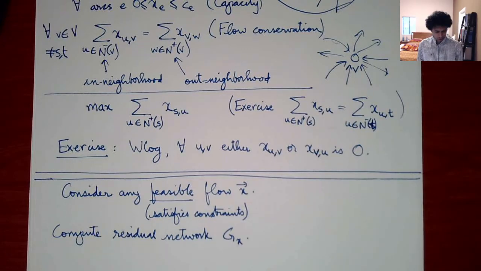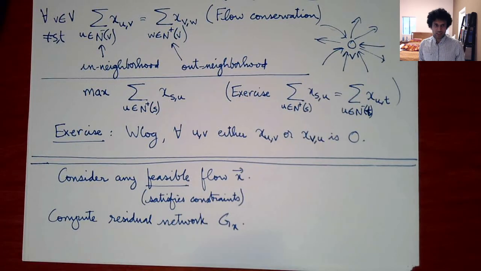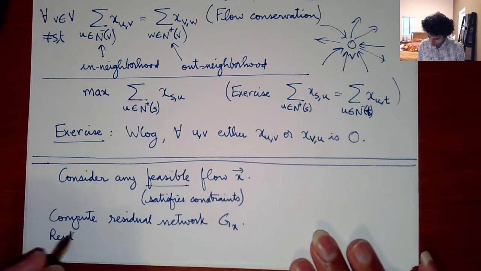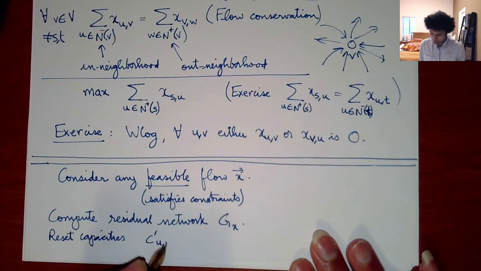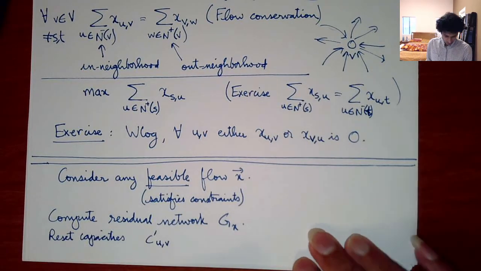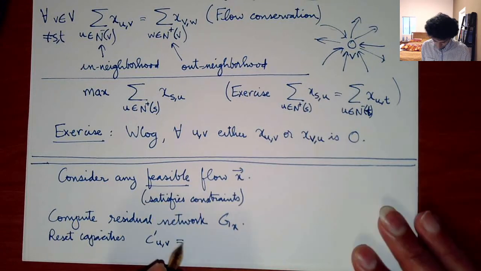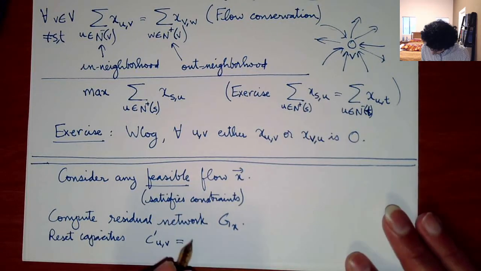So what G sub x will do is basically change the capacities of the graph accordingly. So we will reset capacities. We'll say the capacity of UV is going to become C UV minus X UV.